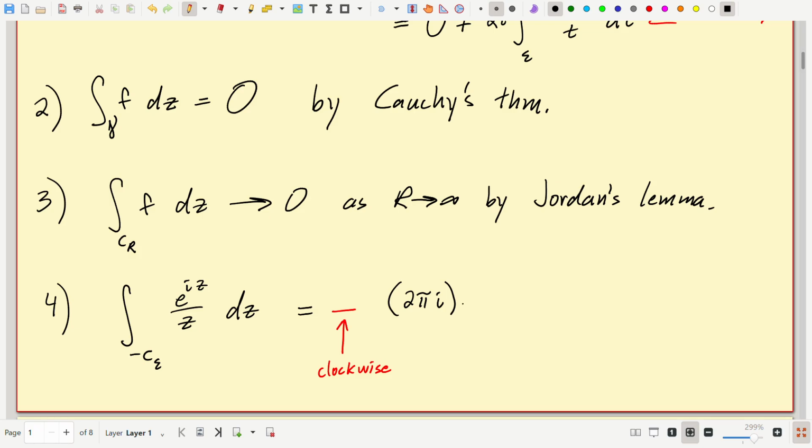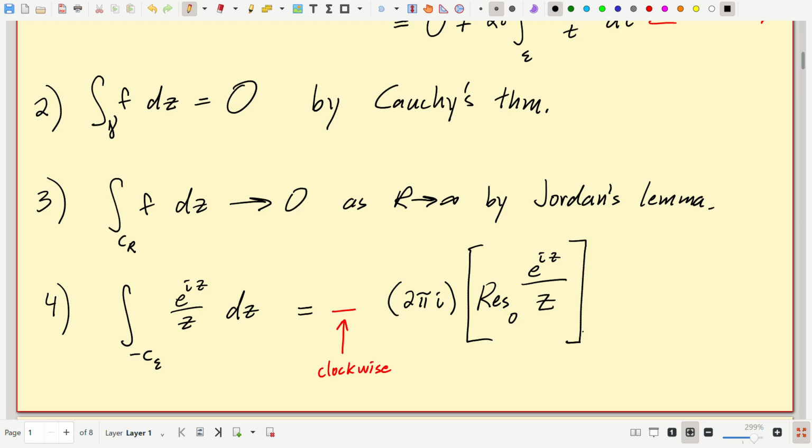And normally, the residue at 0 of e to the iz over z, that's normally what we would get. But this is half a circle.